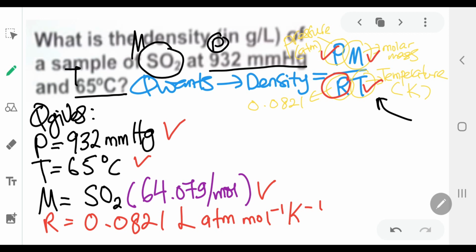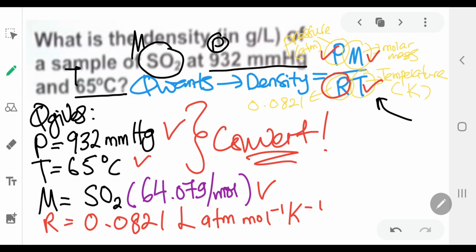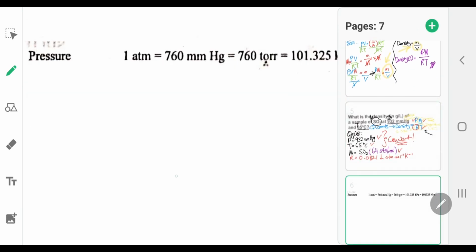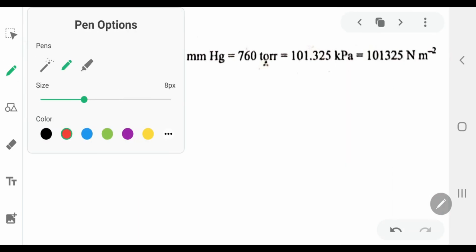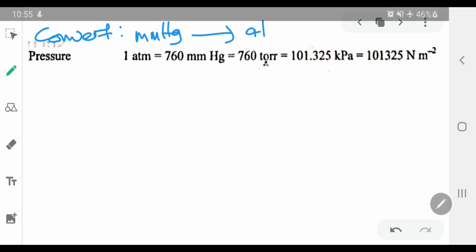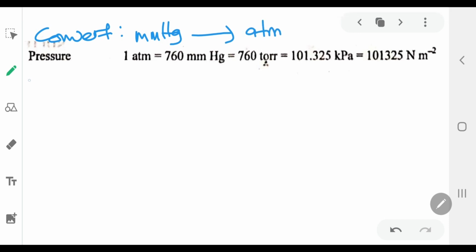Before we proceed, we need to convert this first. You need to remember to do some conversion. The first thing we can do is for the pressure. We're going to convert millimeter mercury to ATM. So how do you do that?